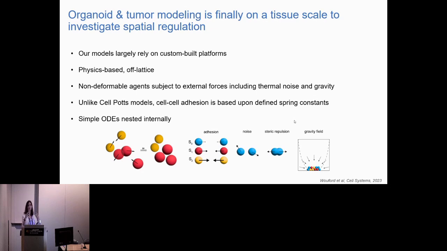And then the external forces, such as ultra low adhesion wells and the curvature of that well that will force aggregation. We can nest simple ODEs in the system. And as we heard from the last talk, Boolean networks are also quite amenable to nesting within individual agents. And as we build up complexity, we are turning to Boolean networks as a very nice way to add in that complexity.